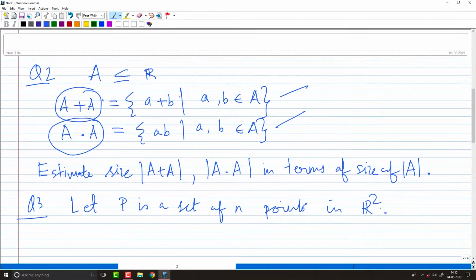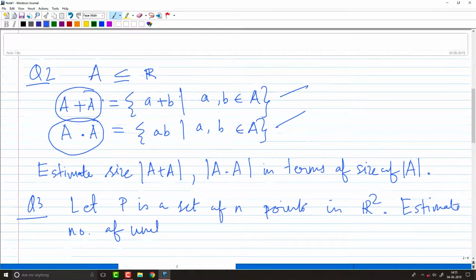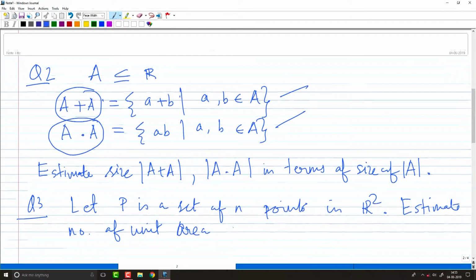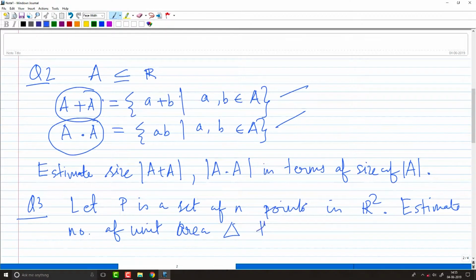Estimate the number of unit area triangles that can be formed with vertices from P.